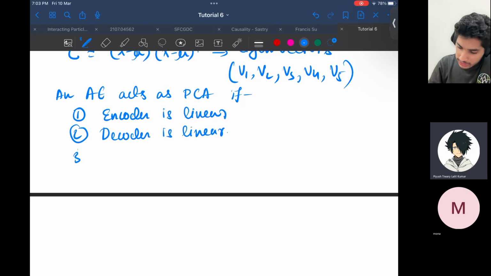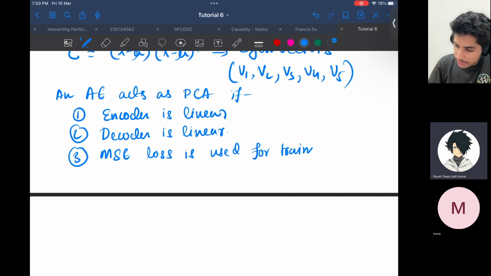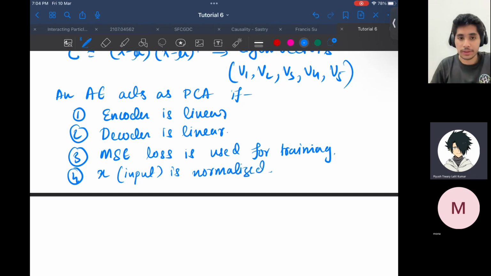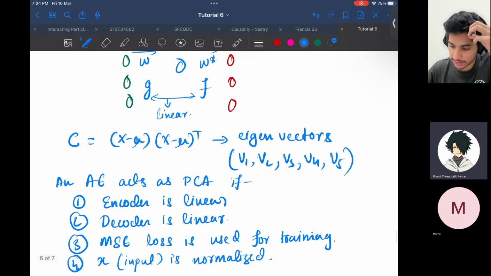The third condition is that MSE loss is used for training. And fourth was that your data X, or your input, is normalized. These were the four conditions required for an autoencoder to act as a PCA.